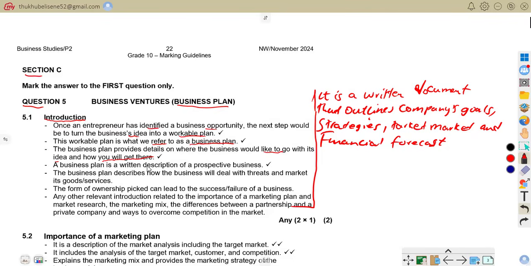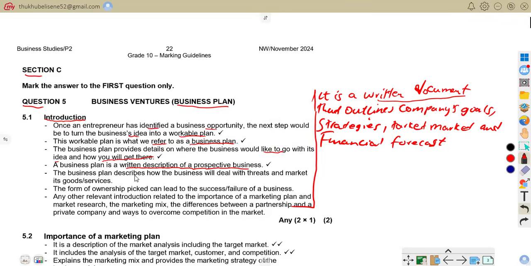It's the one that is going to give us a direction of how we are going to get there. A business plan is a written description of a prospective business. Like I've said, it's a written document that outlines the company's goals.